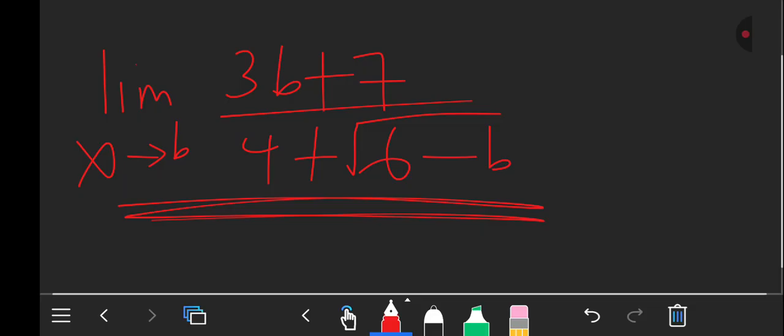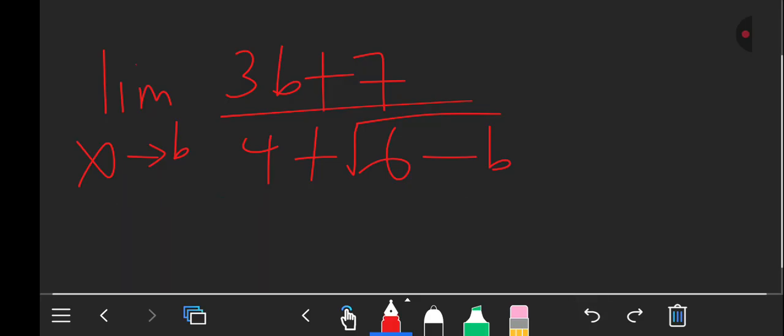So at this point, you can't evaluate directly by substituting b. Let's take a situation whereby b is equal to 6.